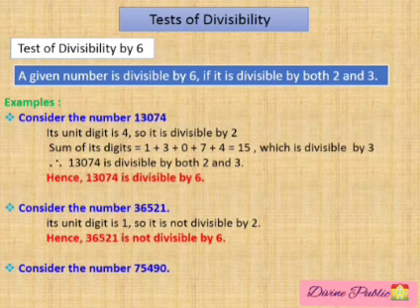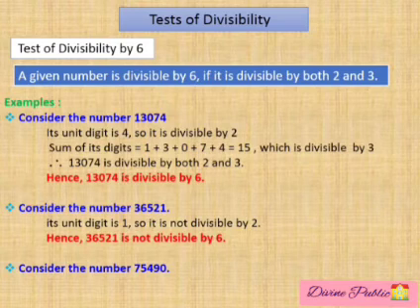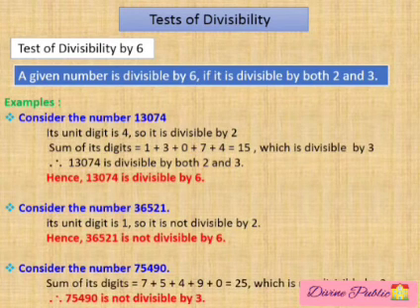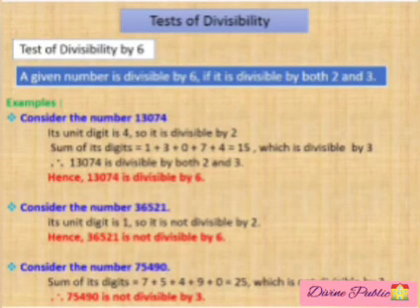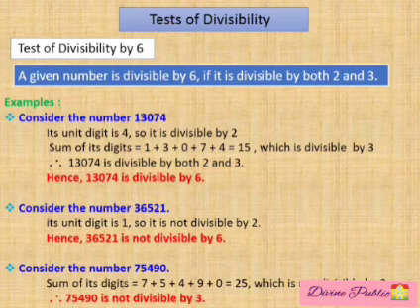Now consider the number 75,490. Sum of its digits equals 7 plus 5 plus 4 plus 9 plus 0, that is 25, which is not divisible by 3. Therefore, 75,490 is not divisible by 3.